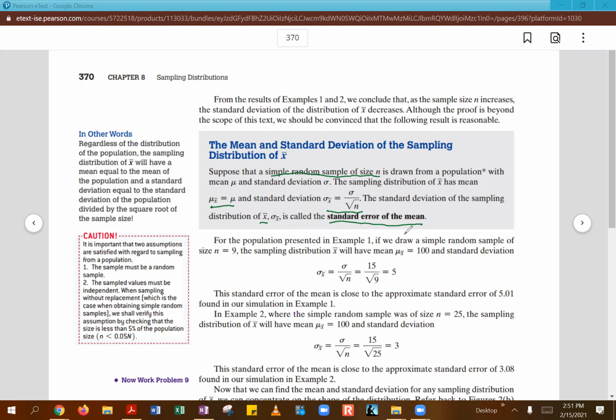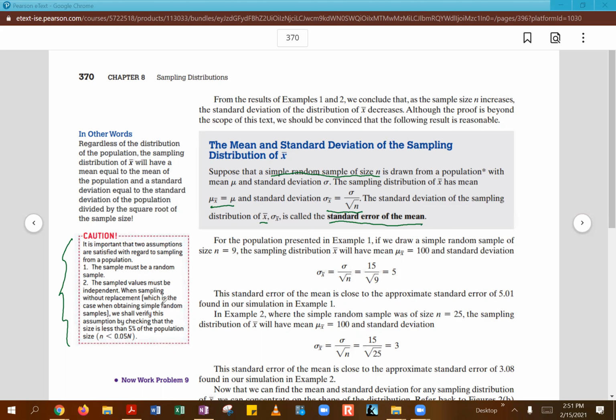Now, one thing you have to keep in mind is your sample size. You can see this little box of caution over here. They are telling you two important assumptions you have to make: that your sample must be a random sample and that your sample values must be independent.